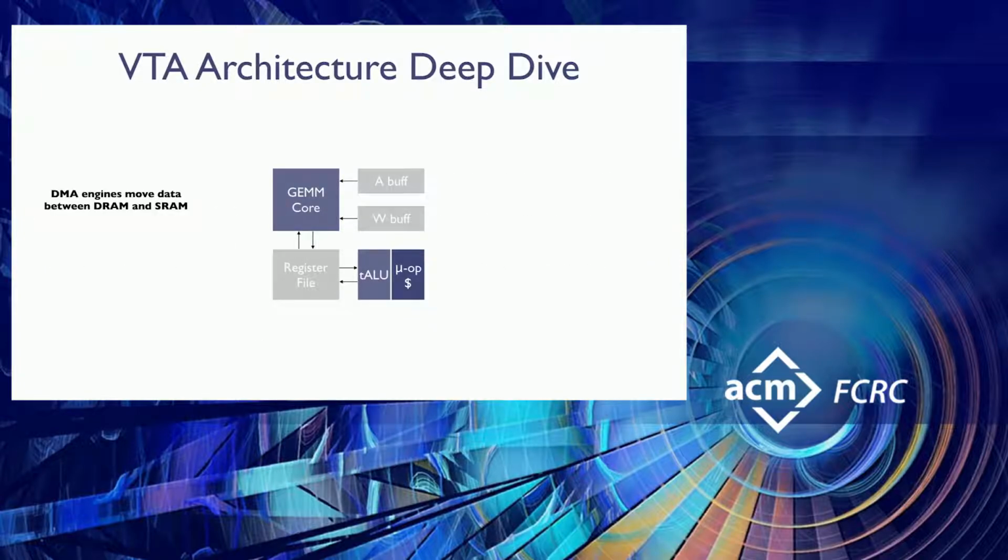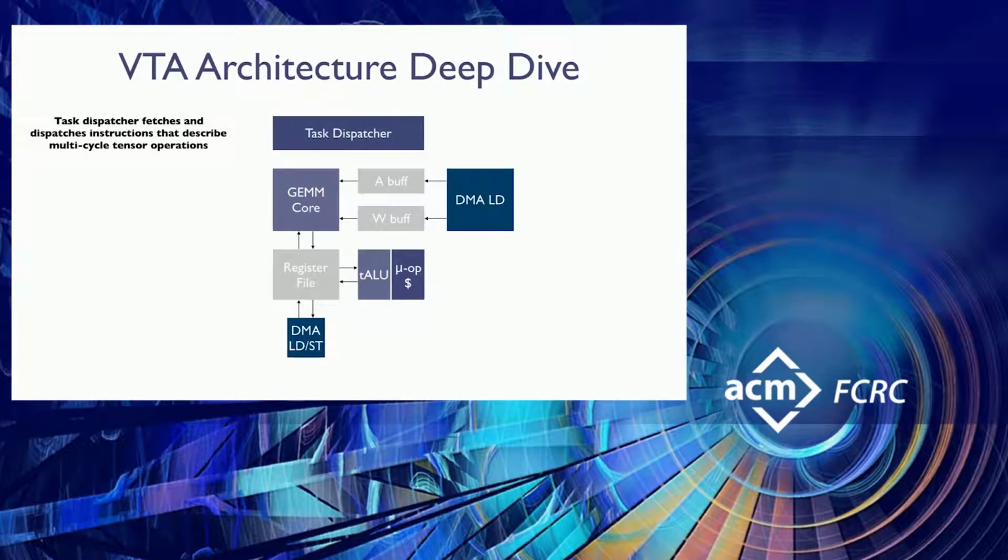We obviously need to talk to the outside world. So we're going to have DMA engines that load data into these buffers and in and out of our register file, so we can do computation as we're moving data in and out. To orchestrate all those functional elements, we're going to have this task dispatcher.